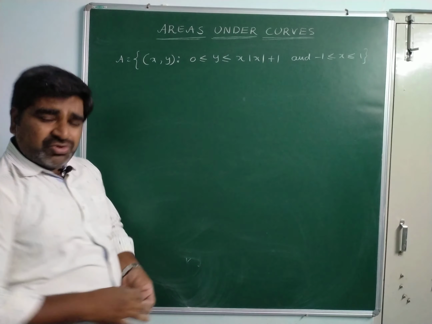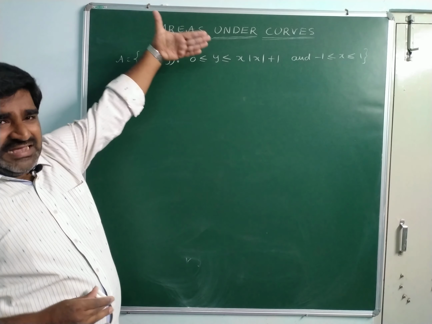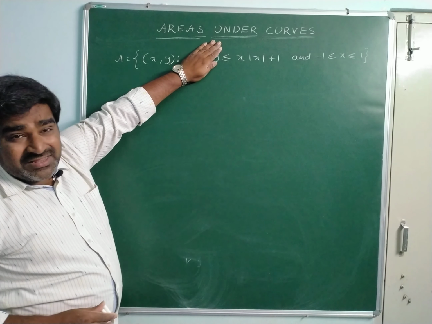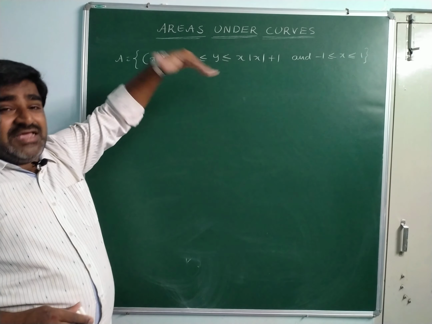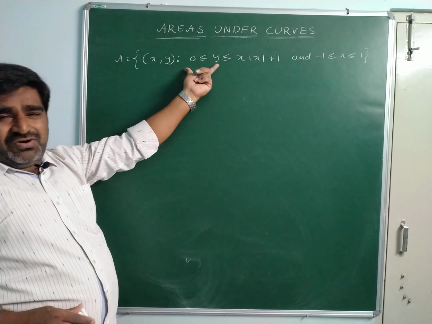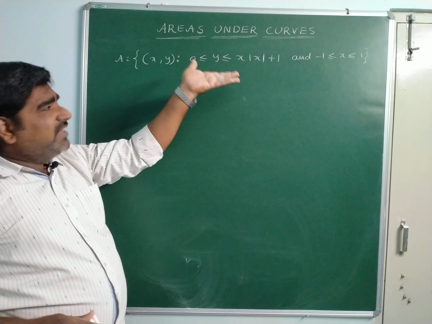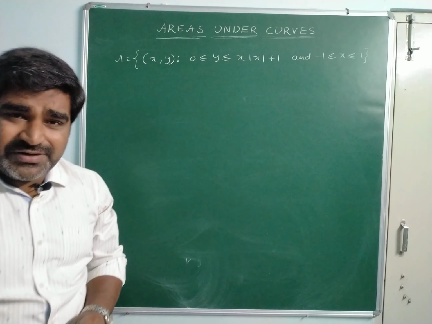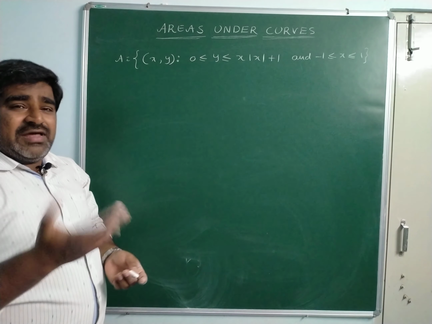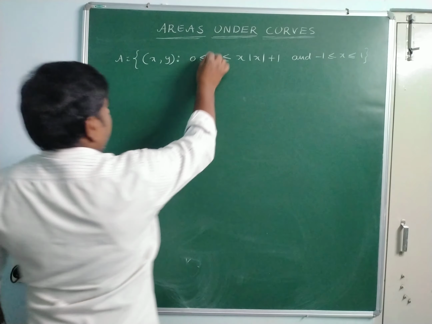That means we have to take the upper part of the x-axis. It is very clear that you have to take the curve which lies above the x-axis. Y greater than or equal to 0 means above the x-axis, where the y value is positive. Below the x-axis, the y value is negative. So now take the curve.